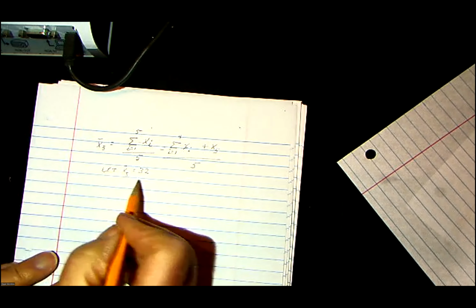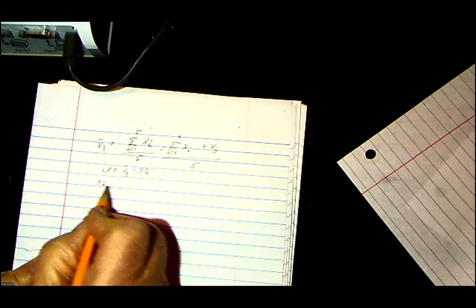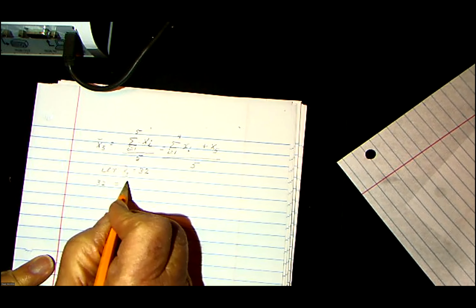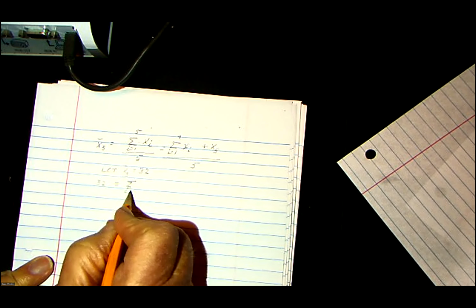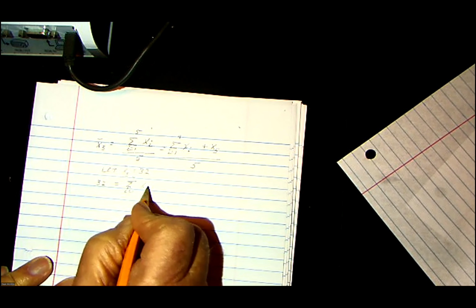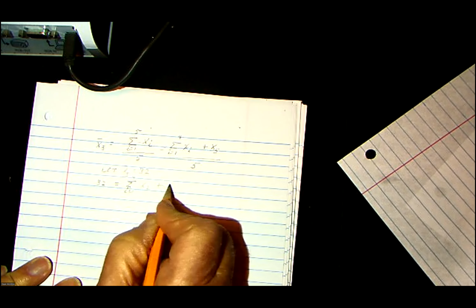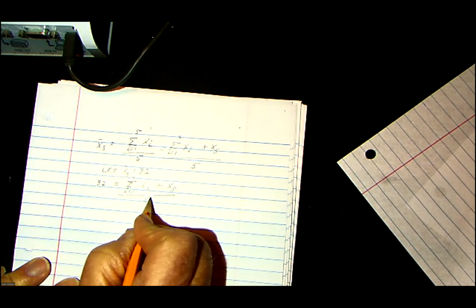Okay? And if we substitute that in, we have 32 is equal to the summation of i going from 1 to 4 of x sub i plus x sub 5 all over 5. Okay?